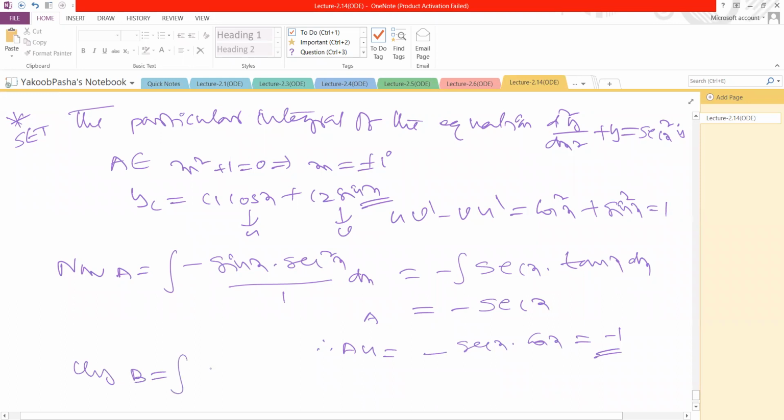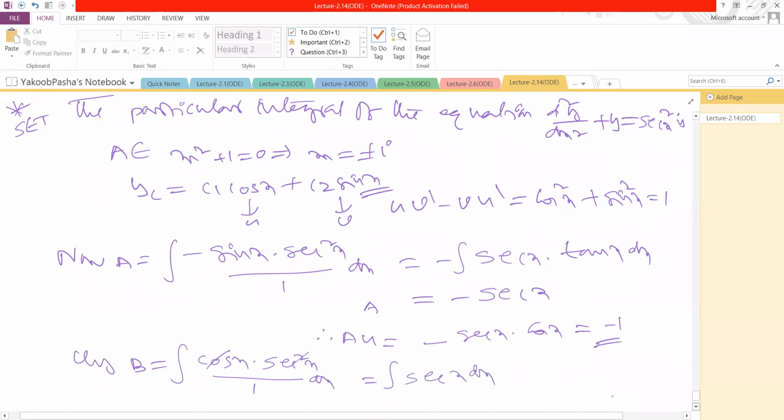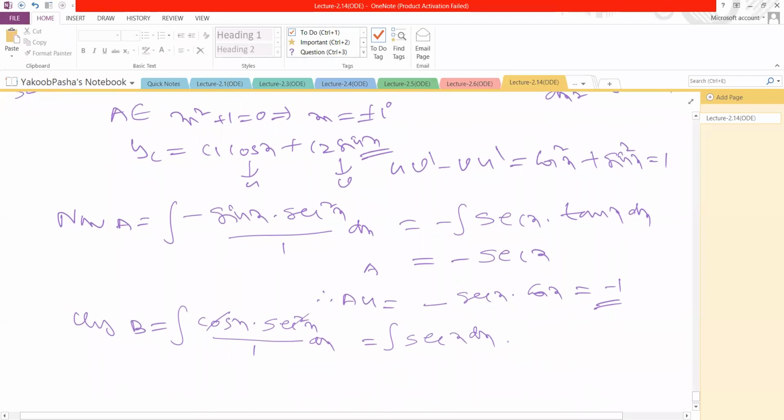B is equal to UR, u equal to cos x, R equal to secant square x. The denominator is 1. This is equal to the integration of 1, cos and secant will be cancelled, secant x. Now, the integration of secant x is log of secant x plus tan x.